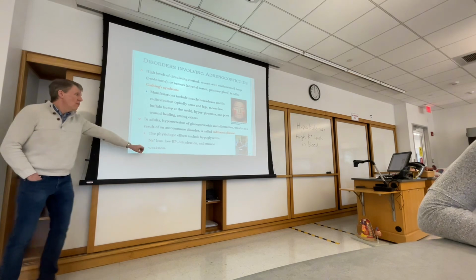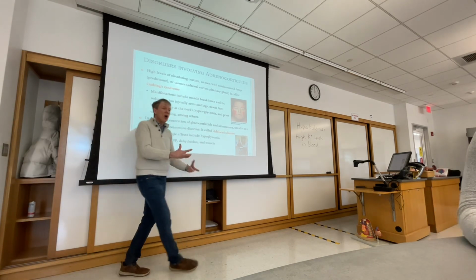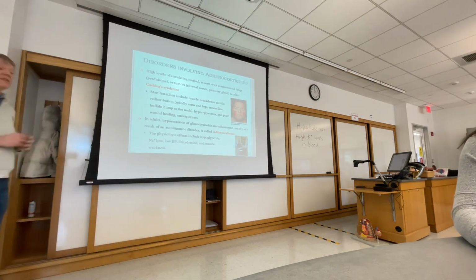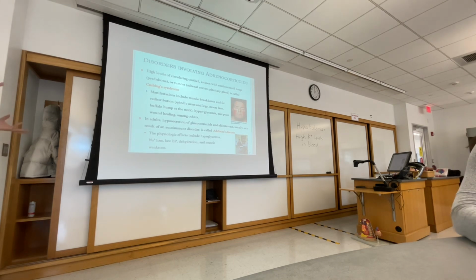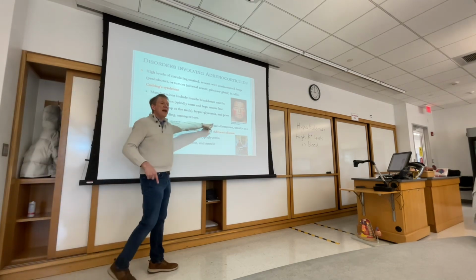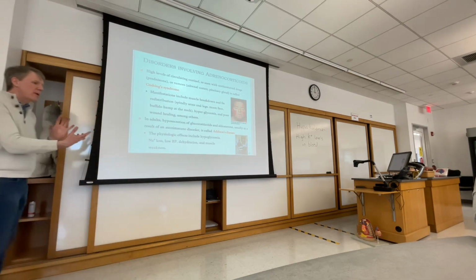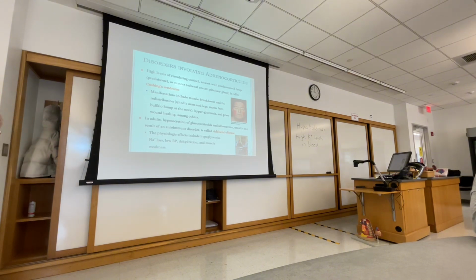Sodium loss. Remember, aldosterone is in charge of causing you to resorb sodium in your kidneys and not pee it out. So if it's not around, you're going to lose a lot of that sodium in your urine. Low blood pressure. Again, aldosterone, when it's promoting sodium reabsorption, it also promotes water reabsorption. That increases your blood volume, which increases your blood pressure.